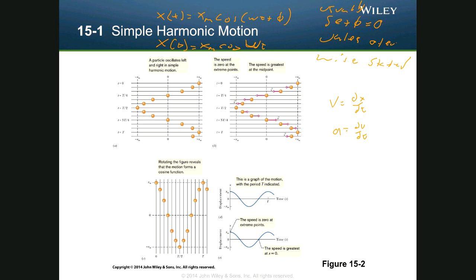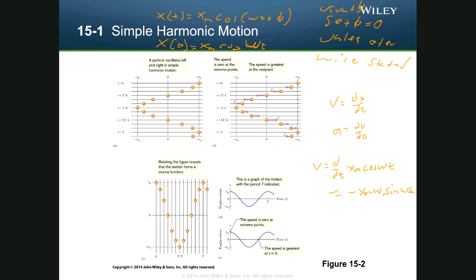So as we can see here, we've got v equals d dt of xm cosine omega t. So xm is constant, so that will equal minus xm omega sine omega t, right? We just take the derivative of cosine. And remember to use the chain rule, that's where that omega comes out.